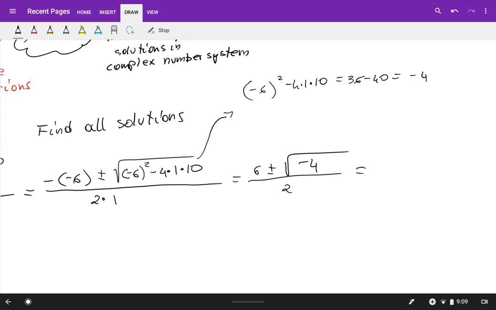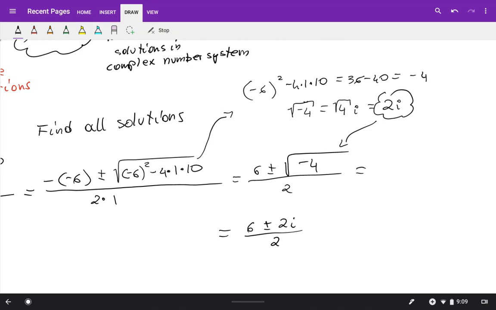Now, you guys know that the square root of negative 4 in the complex number system, you're going to use the principal square root. This is the same as the square root of 4 times i, and the square root of 4 is just 2. So from here, we're getting 2i. So we have 6 plus minus 2i and everything divided by 2.